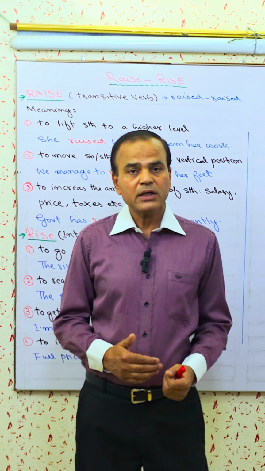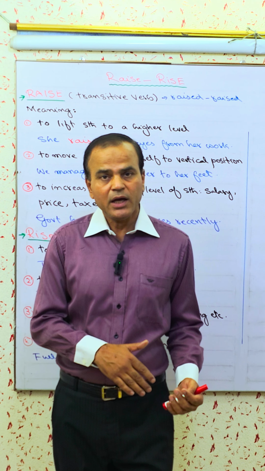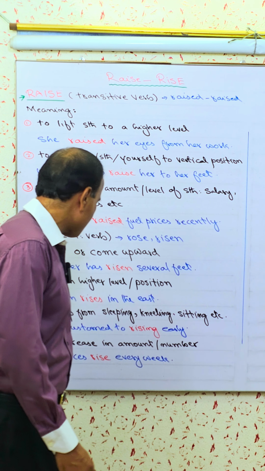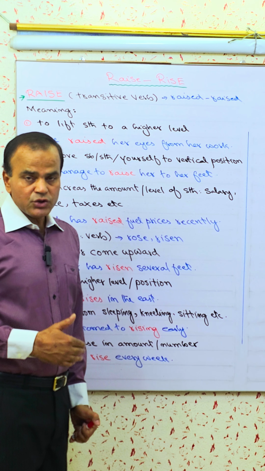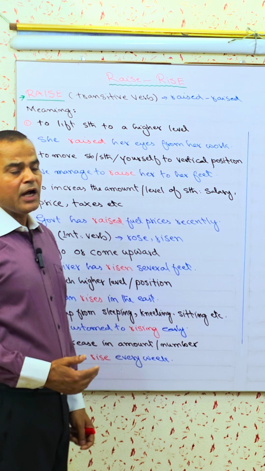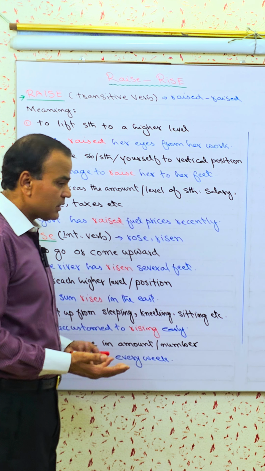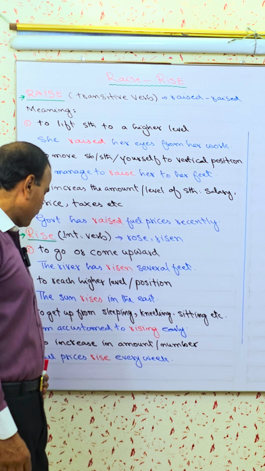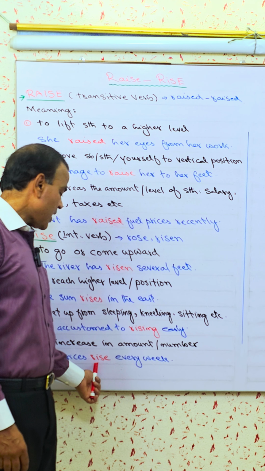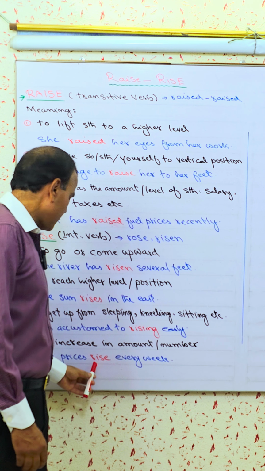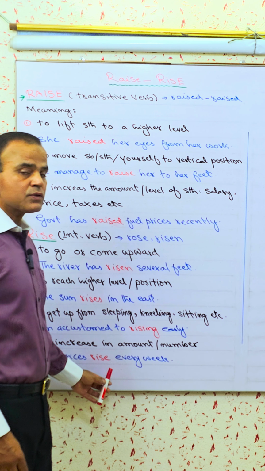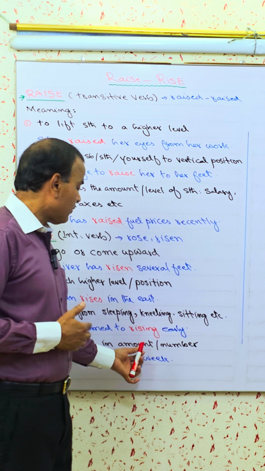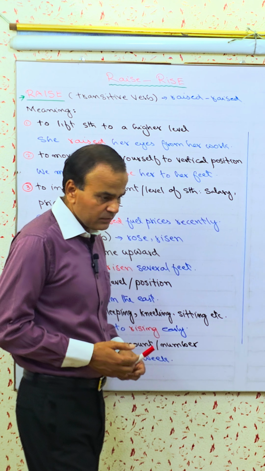Here the work is done by the subject and it affects the subject. This is what we call intransitive verb. Here the agent is not present, but something spontaneously takes place. So fuel prices rise every week. Here rise shows the increase of the amount of something.